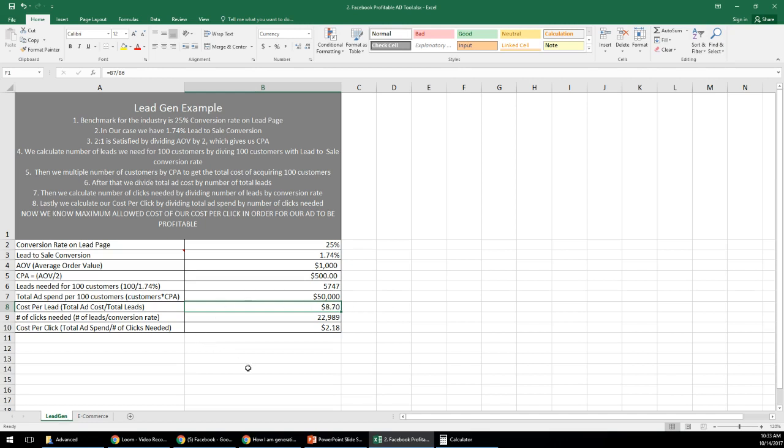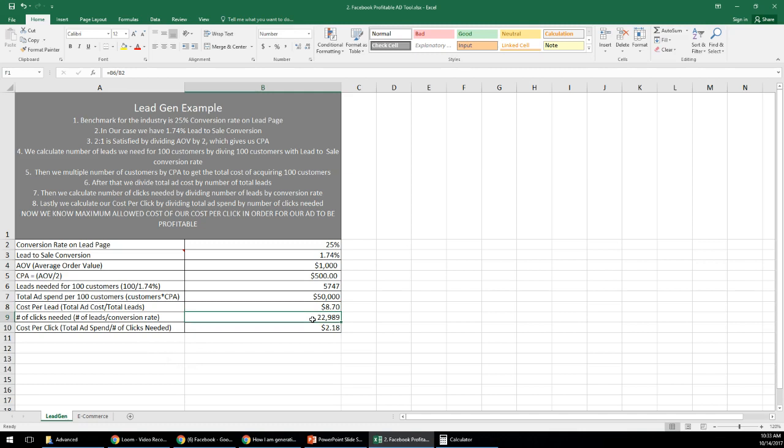So now we need to figure out how many clicks we need in order to generate these 5,747 leads, of which we're going to generate 100 customers. The way we're going to do that is we're going to take the number of leads and divide that by the conversion rate.